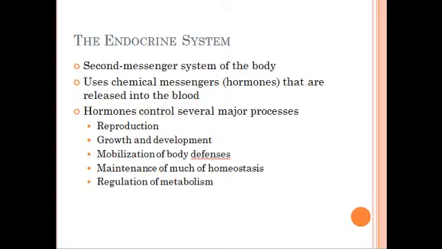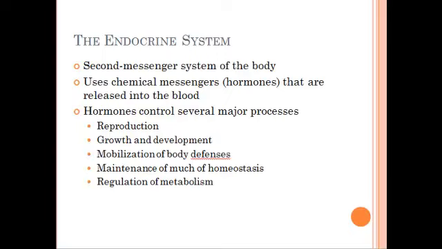Another somewhat difference is what these systems are targeting. Hormones in general are going to be controlling some major processes that are listed here in this slide. So for example, the endocrine system is obviously not going to be dealing with muscle movement, muscle contraction, things like that. That's all the nervous system control.